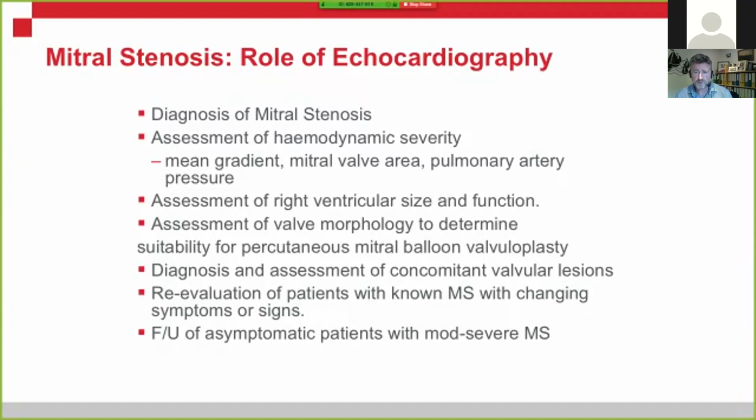Patients with rheumatic fever also have a high incidence of tricuspid stenosis and right-sided valvular lesions. So we need to reevaluate patients with known mitral stenosis with changing signs and symptoms, and there should be a regular surveillance program for patients with moderate to severe mitral stenosis, because we know at some stage they are going to become symptomatic, and obviously that would then be a mandate for intervention.